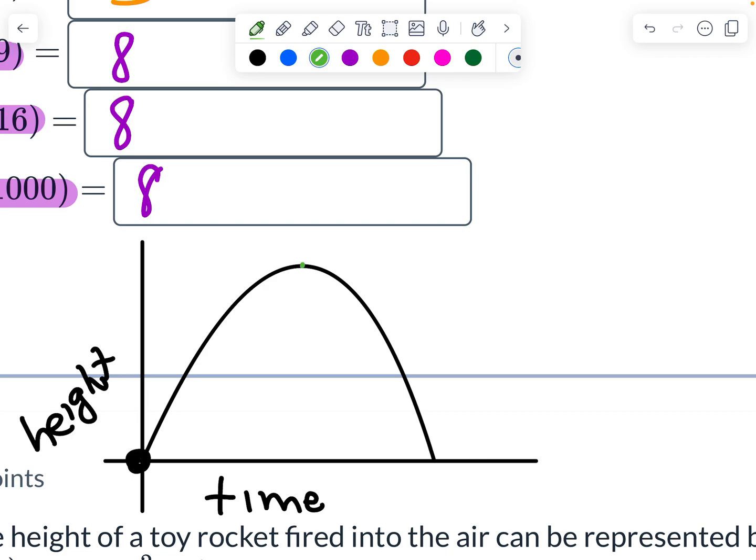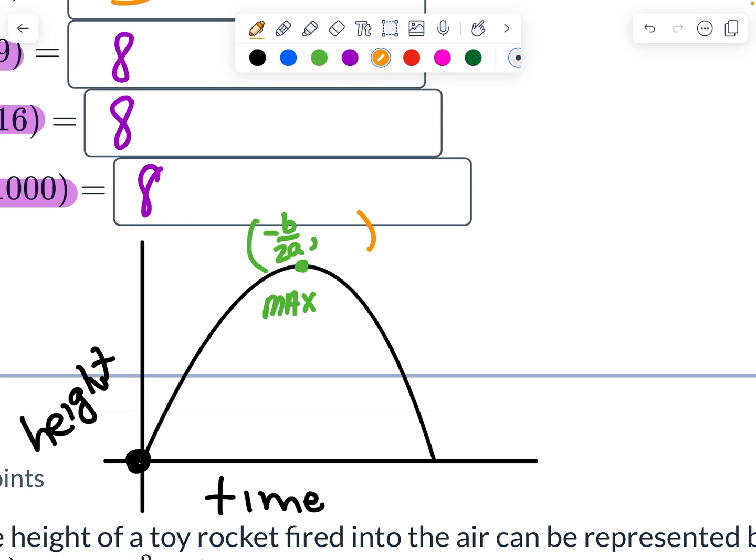Then, let's do this color. This color right here is the max. And we will find the first piece by negative b over 2a. And we will find the next piece by putting that answer, whatever that answer is, in the problem. Okay?